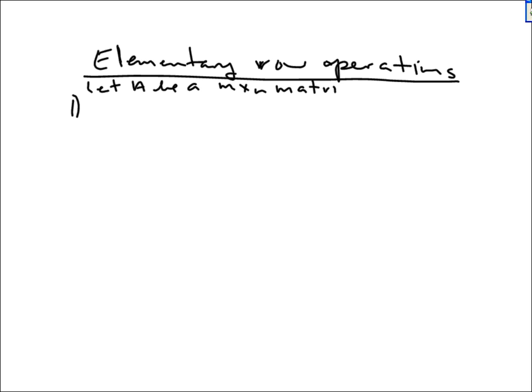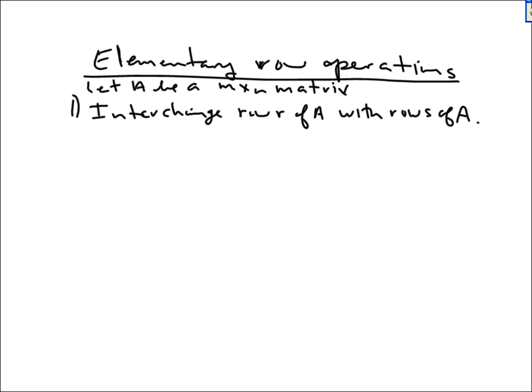So we can talk about row operations on A. You can interchange row R of A with row S of A. You can interchange any 2 rows.